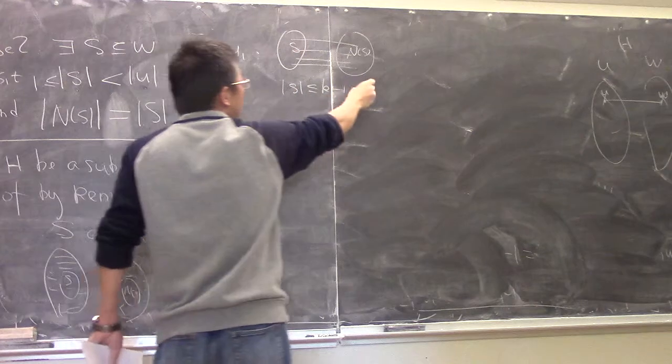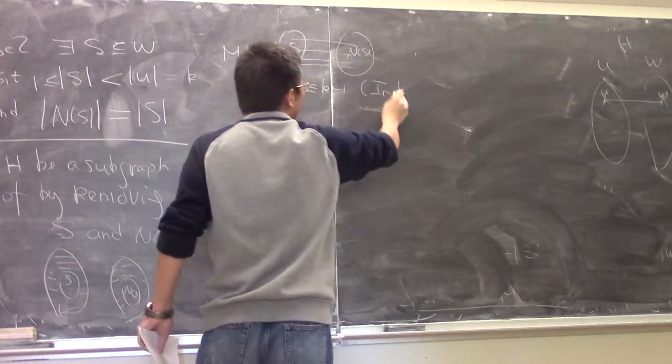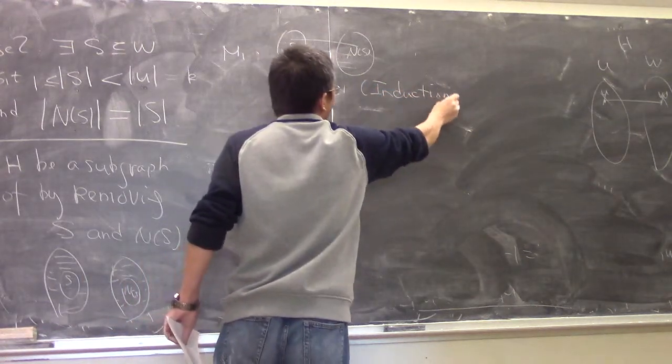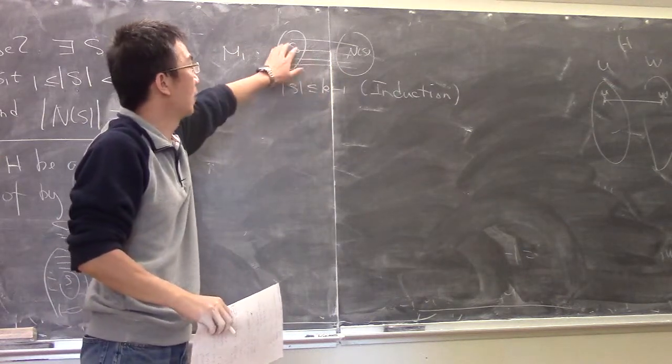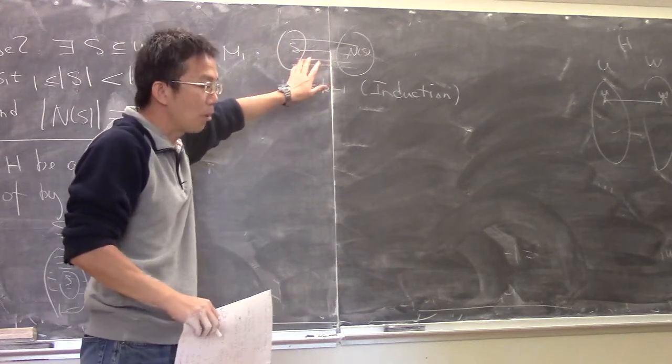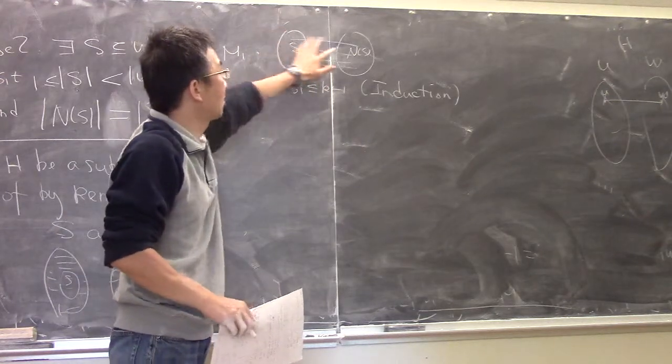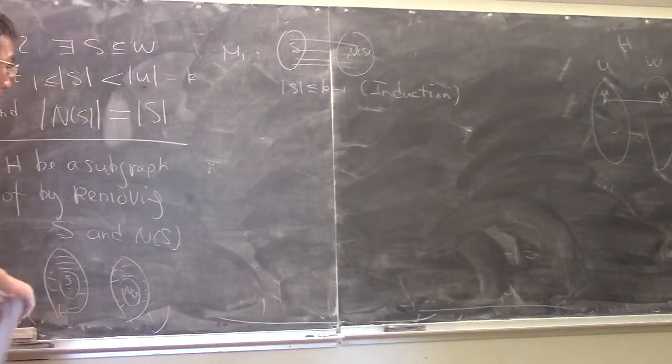So now using the induction, I know the result is going to be true for K minus 1. So there's what we call the perfect matching. So everyone is paired.